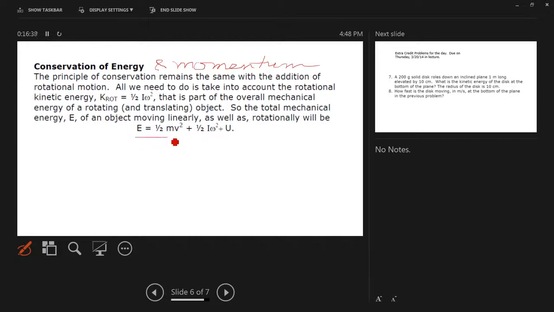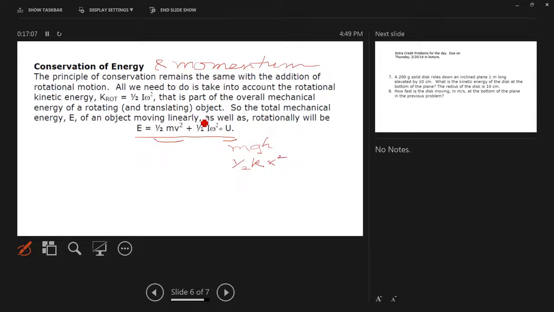So here, for example, is the extended equation for conservation of energy that includes our usual term for linear kinetic energy and the potential energy, whatever that would be that you're dealing with, whether it's gravity, it would be mgh, or whether it would be a spring, 1/2 kx squared.